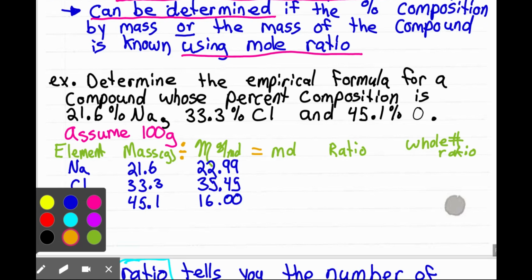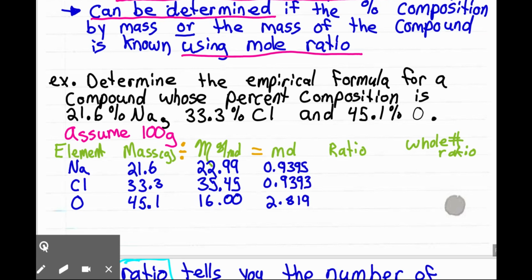So I want you to hit pause and calculate your number of moles for each of these three elements, and carry 4 decimal points. So just quickly check your work. You should have 0.9395 moles of sodium, 0.9393 moles of chlorine, and 2.819 moles of oxygen.